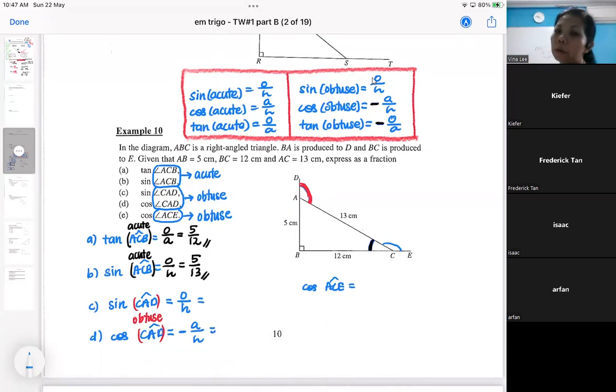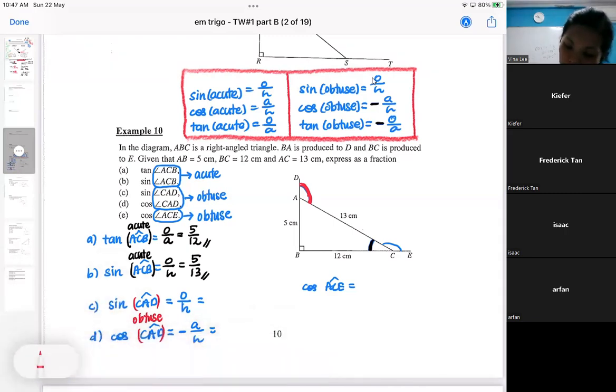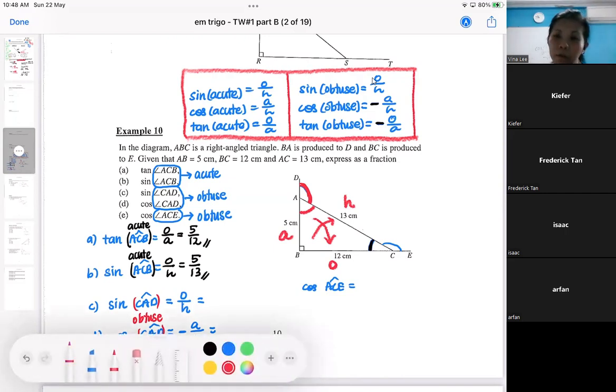So locate your OAH. This obtuse angle has got to borrow the OAH. It doesn't have its own right angle triangle.